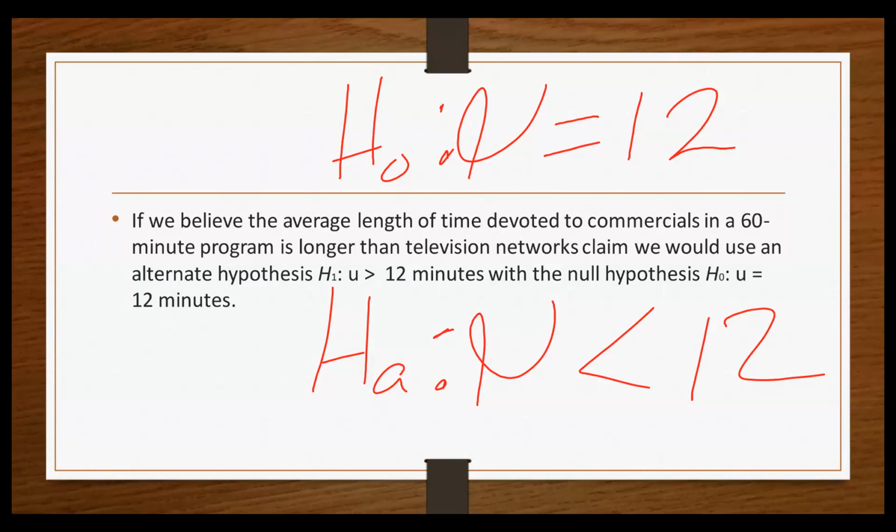If the null hypothesis is 12 and you believe that this 12 is an understatement or an underestimation, then you believe it is more than that. If you're complaining this is too little, you believe it should have been more. Are you fine with the issue of forming the hypothesis?